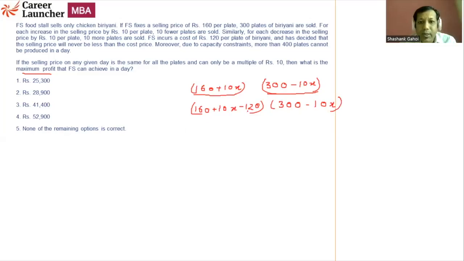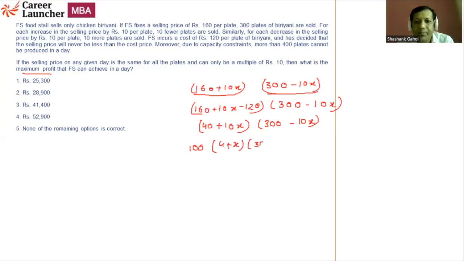So we are going to have 40 plus 10x, into 300 minus 10x. Now what we can do, we can take 10 and 10 common, which is 100 common. So 100 times (4 plus x) times (30 minus x).